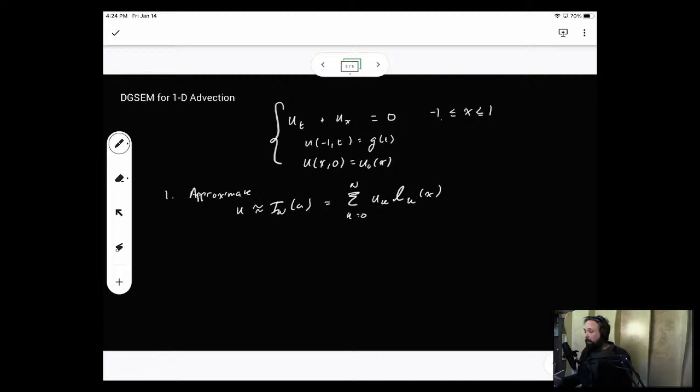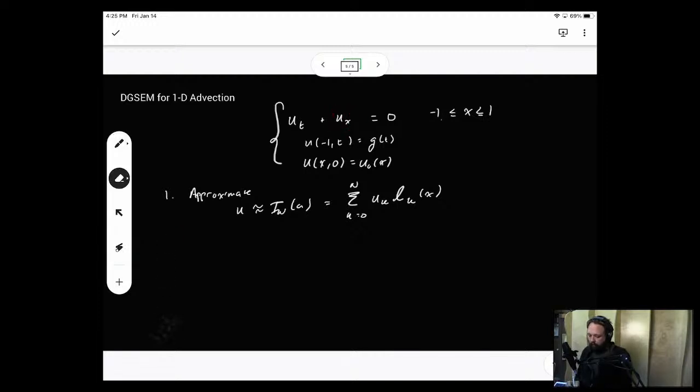Again, these are the Lagrange interpolating polynomials, and these u_k depend on time. And two, we're going to multiply the PDE by each of the Lagrange interpolating polynomials, integrate over the domain, and then perform integration by parts once on this term.